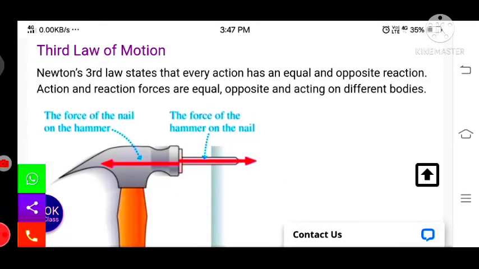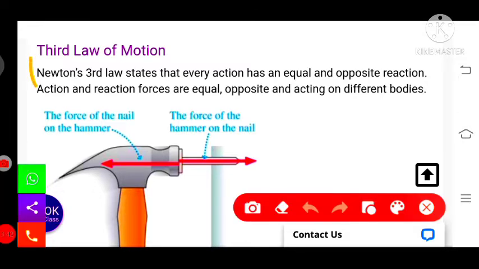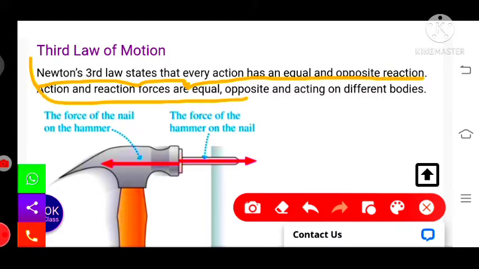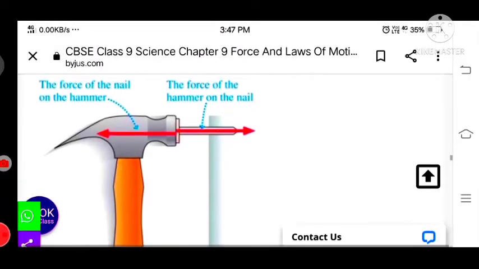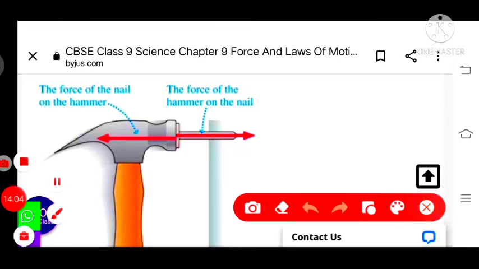Third law of motion. What is the third law of motion? Newton's third law of motion states that every action has an equal and opposite reaction. Action and reaction are equal forces, opposite, and acting on different bodies. Let us take an example of a hammer and nail.